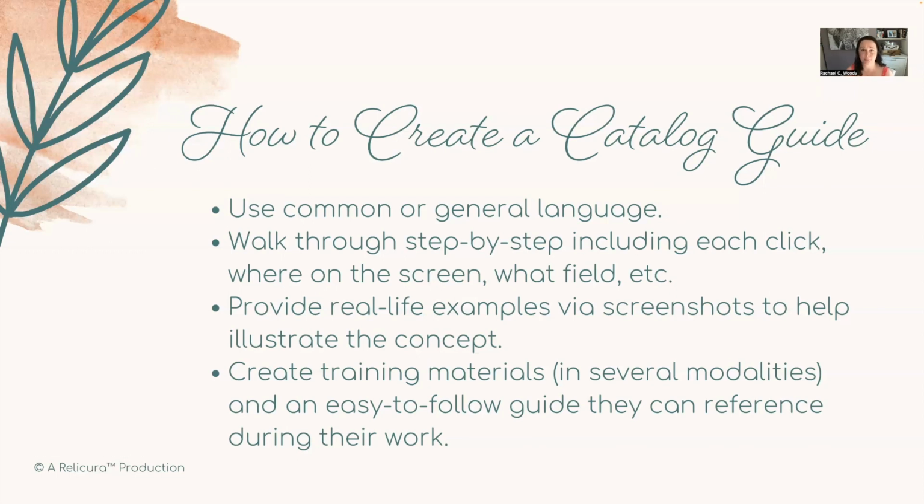For many of us, it will probably be the cataloging of an object or an archive item, beginning to end of bringing in that item, accession record, all the way through to completion of that process. In other cases, you may have volunteers helping with research requests, so it may be a different type of record or data, but this particular catalog guide concept can apply to all of those different aspects of the cataloging.